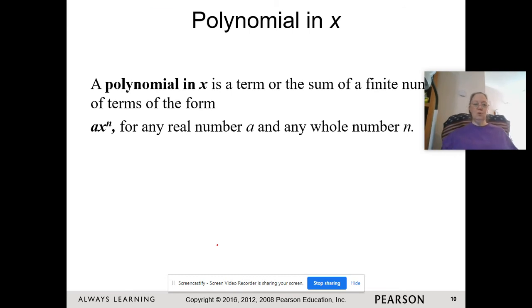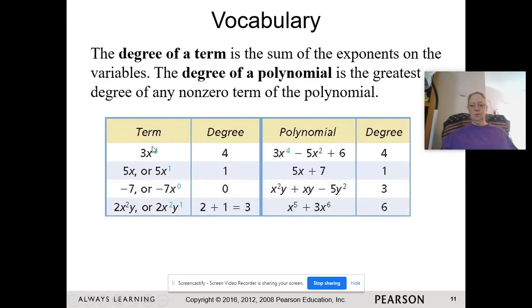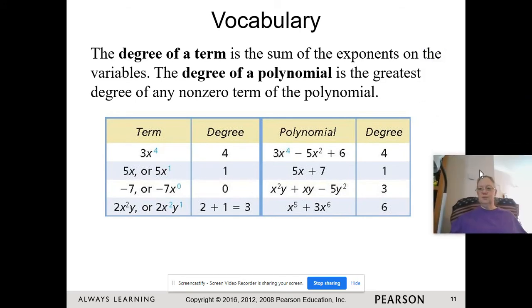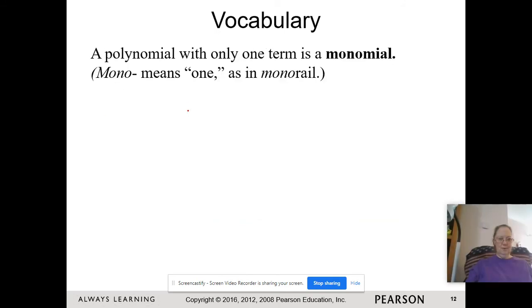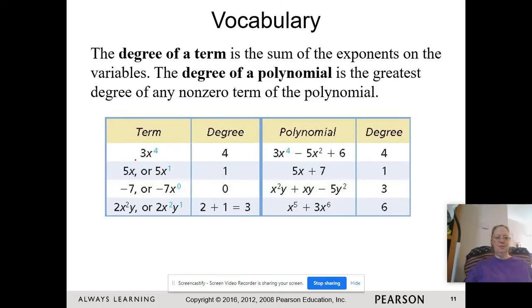Vocabulary. Let's suppose we have this term right here, 3x to the 4th.